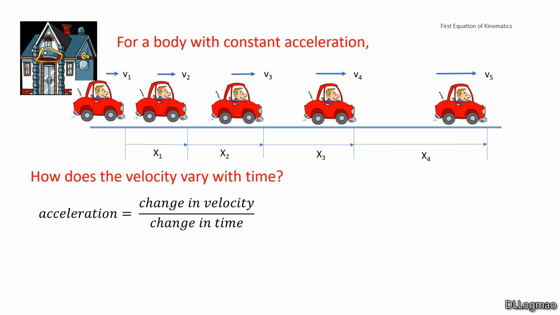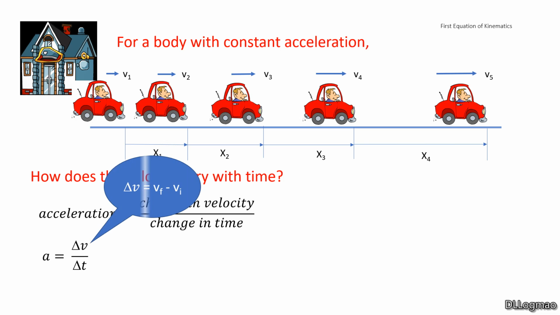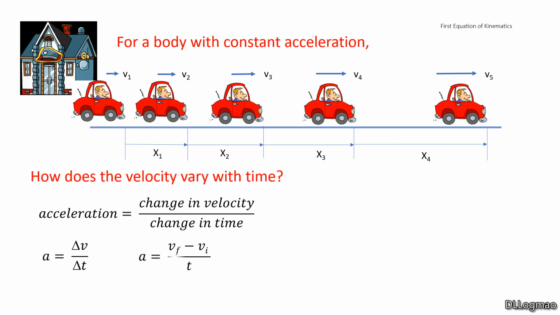Acceleration is defined as the change in velocity per unit time, or a equals delta v over t. And the change in velocity is the difference between final and initial velocities. Substitute, and the acceleration a is final velocity minus initial velocity divided by time. The final velocity then is equal to the sum of the initial velocity and the product of acceleration and time. Now, what is the body?